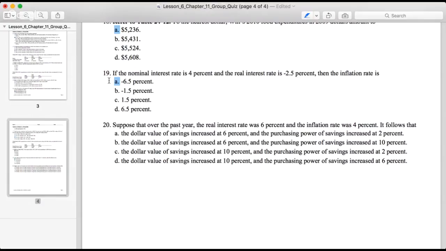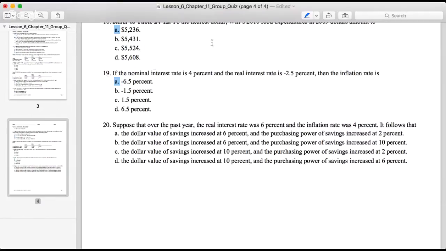So we all are on the same page on 19 then? I have D. I'm going D because I got a positive. Because the negatives cancel each other out. So we did it three different ways.